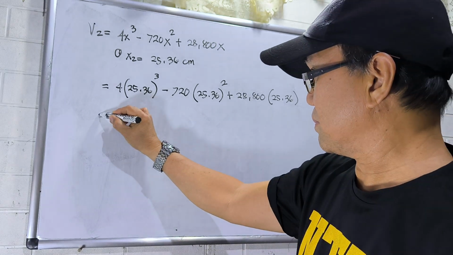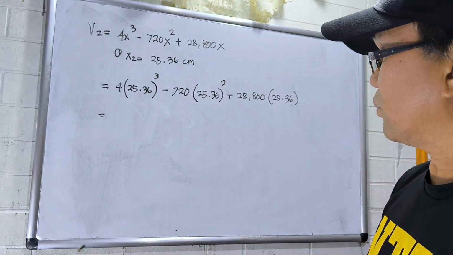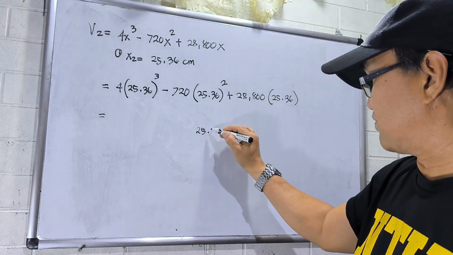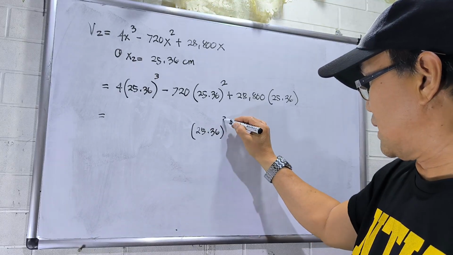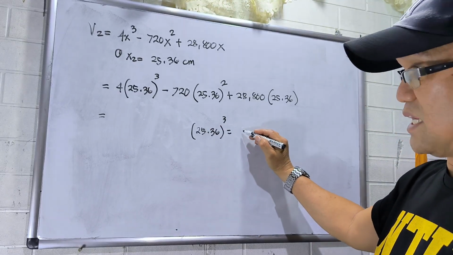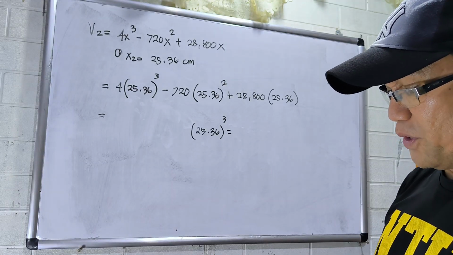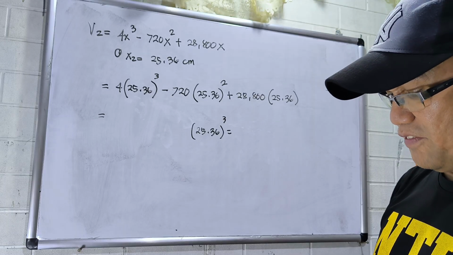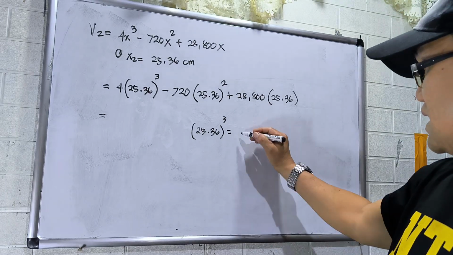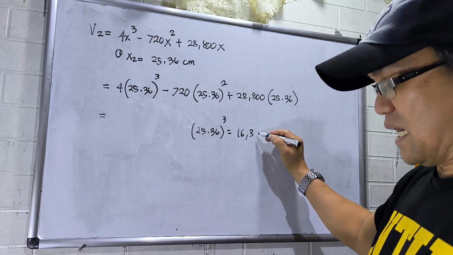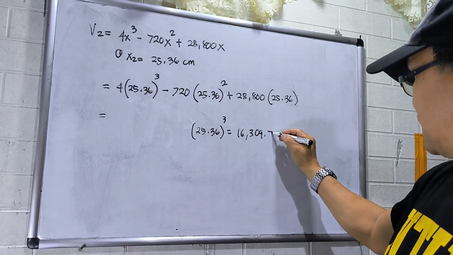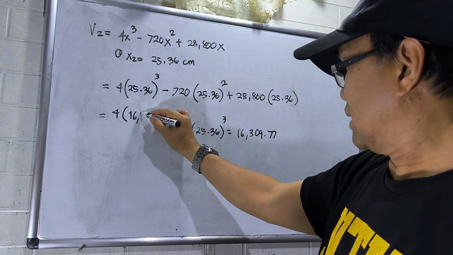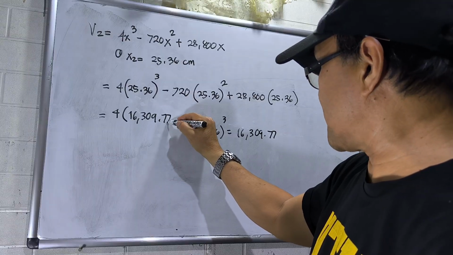So you have to multiply 25.36 to the power of 3. 25.36 times 25.36 times 25.36 is equal to 16,309.77.